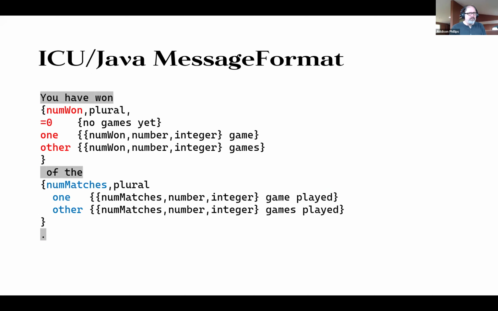A different challenge is that people saw that previous slide and said, I don't need to do that in English. I can write a message that looks like this, where the plural just goes around the parts that change in English. And the challenge with that is it's not a single thought that gets translated.